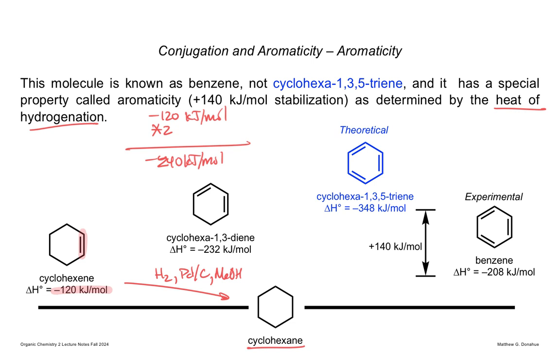But notice there's a little bit of discrepancy. It's negative 232. That number is outside of experimental error, so we can't explain it by saying we just did these measurements differently. That difference of 8 means something. That 8 less than what it should be, that's conjugation. So by putting the double bonds together, that's the stabilization due to conjugation.